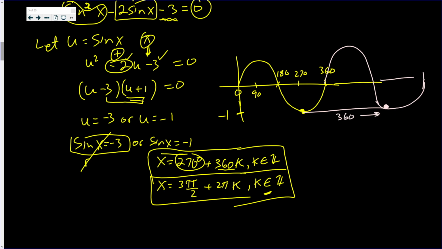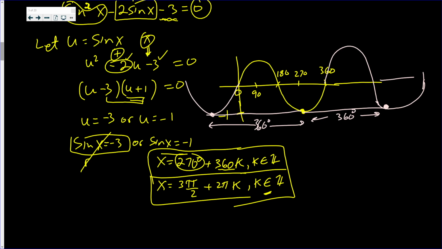And that distance will be 360 degrees. And if I go 360 degrees to the left, right here, it hits again. And the distance from here to there is 360 degrees. There's your answers to this problem.